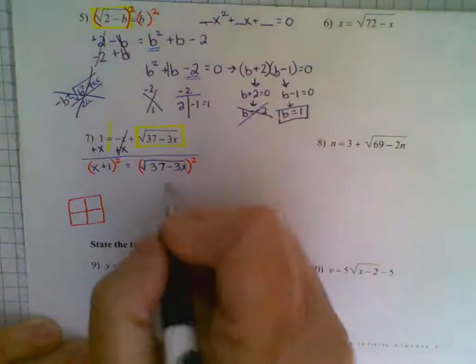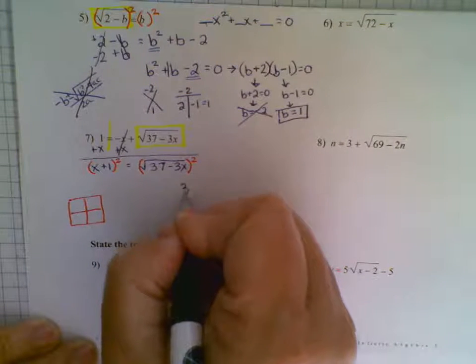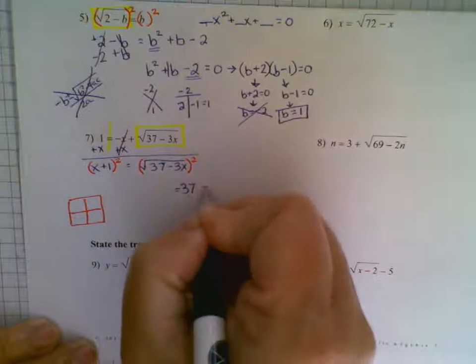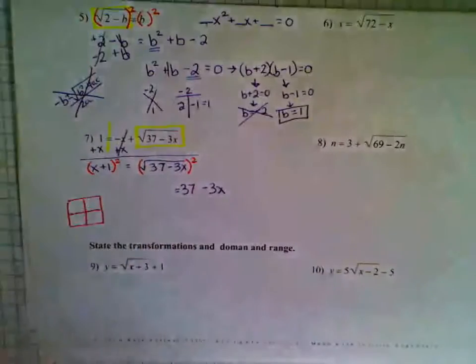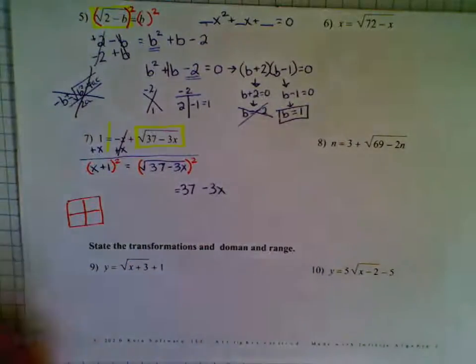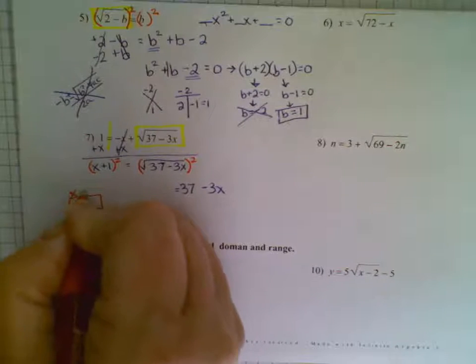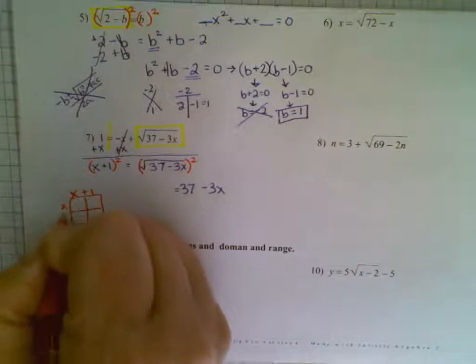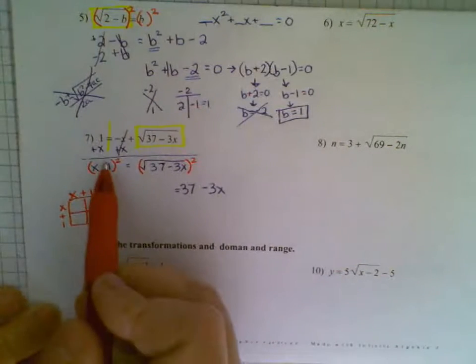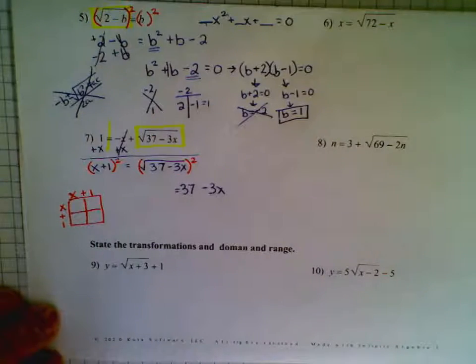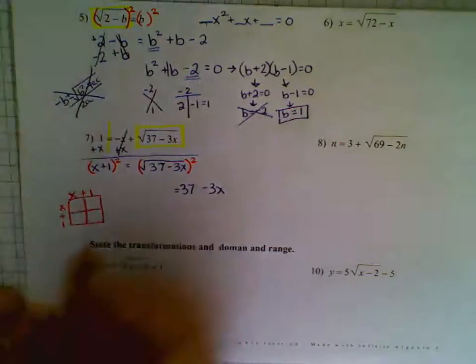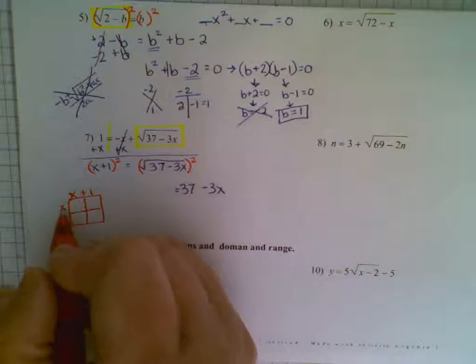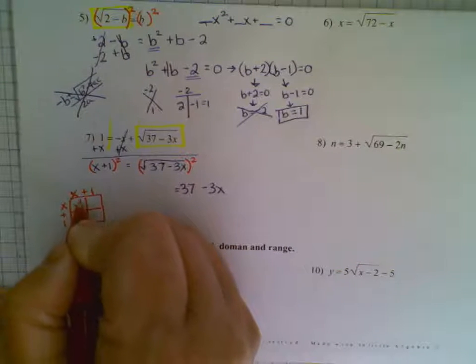On the right-hand side, I'm just going to have 37 minus 3x. But for the left-hand side, let's look at this. I've got x plus 1 times x plus 1. It is not just x squared plus 1 squared. It's not that simple because you have other combinations of terms. The x multiplies by the x and gives you an x squared.